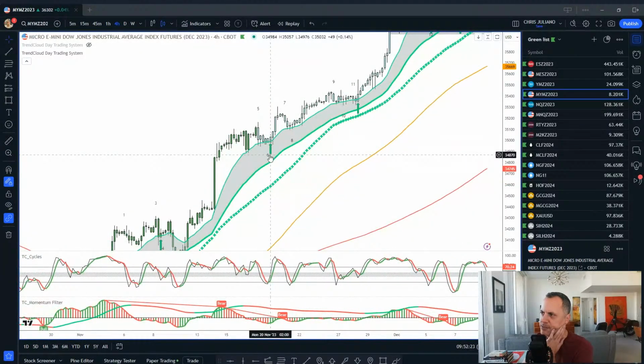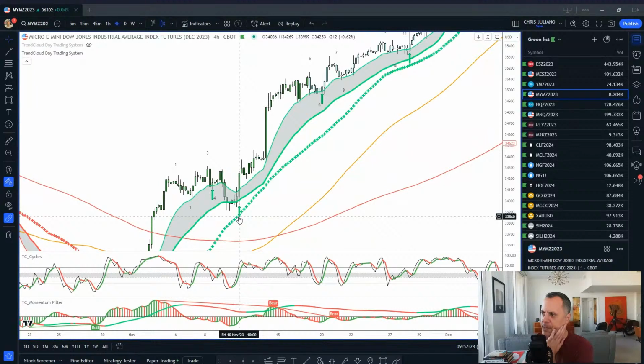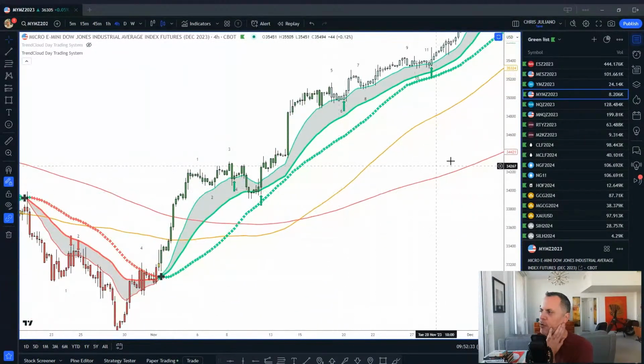See how these TrendCloud signals work so well? These TrendCloud signals are awesome. And they're going to work best when you have all three time frames in alignment with each other. We are looking at the 4-hour chart, but just take a look here. In general, they work, right? Pulls back into the cloud, you get a signal, and for 16 hours it goes up and then makes a pullback. Right here, it goes up and just keeps going. All right.